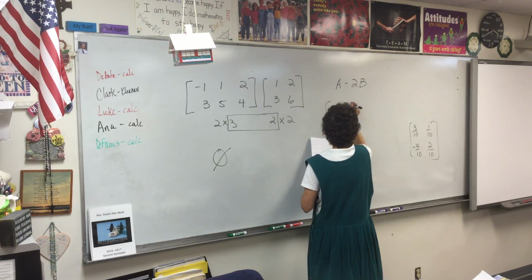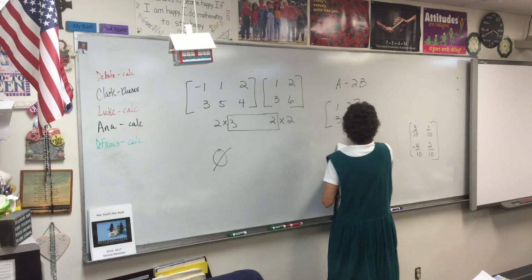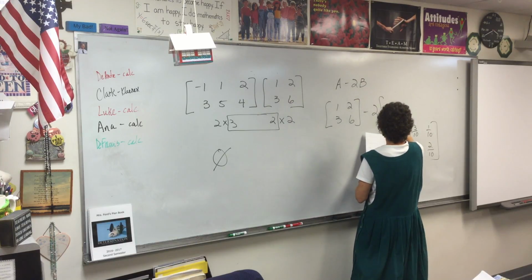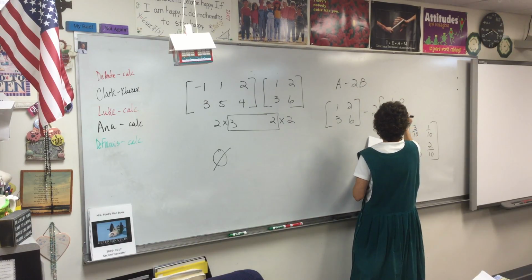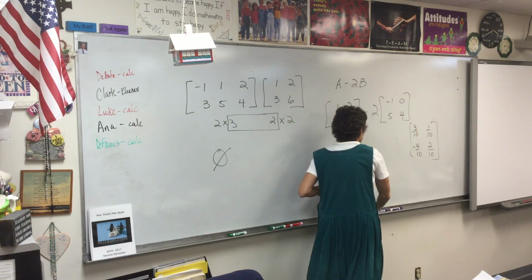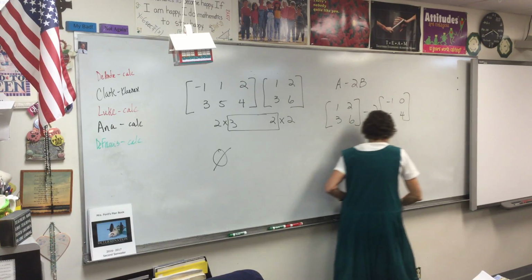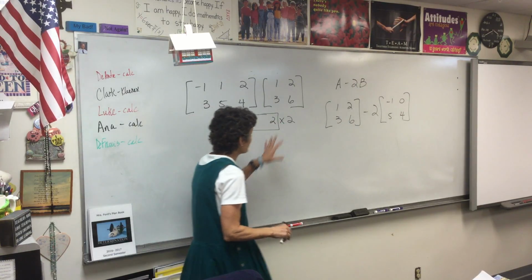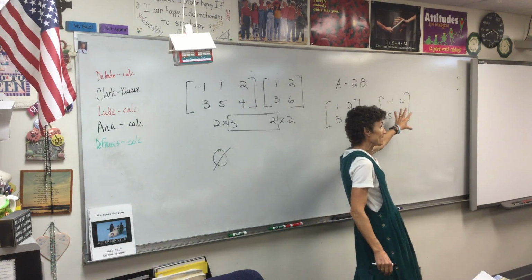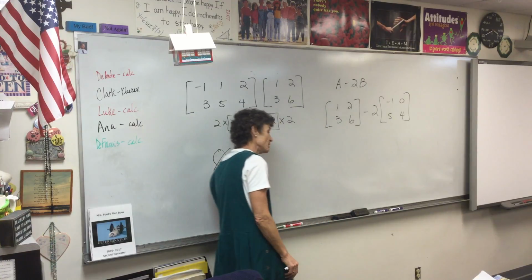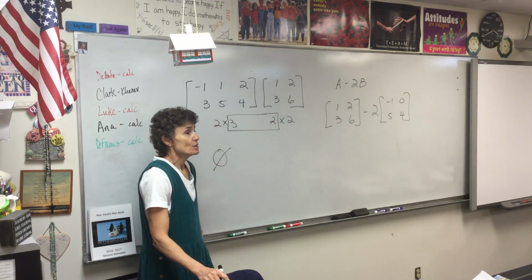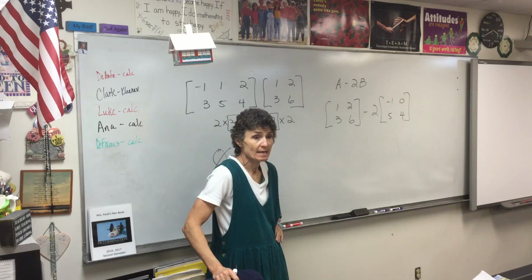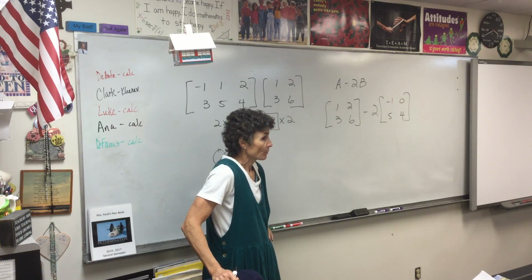On to the next problem, which is A minus 2B. Now, can this be done? Yes. Yes, this is doable because A and B have the same dimensions. When you add and subtract, your matrices have to have the same dimensions, right?